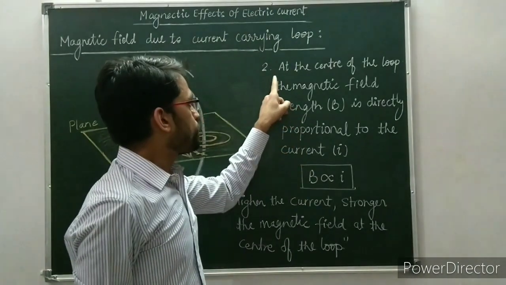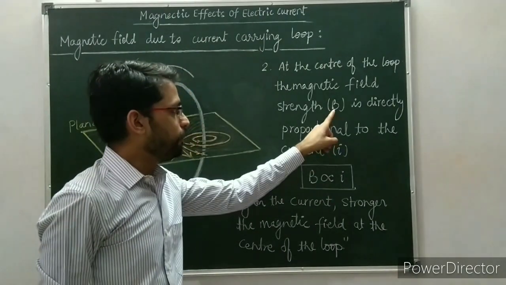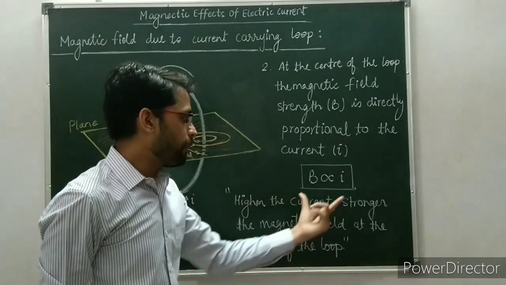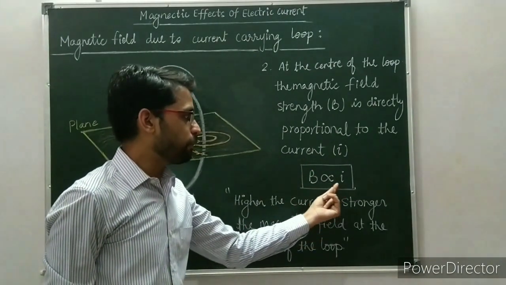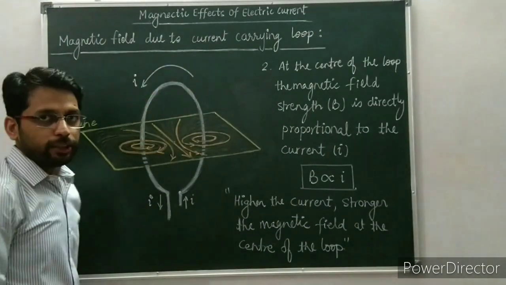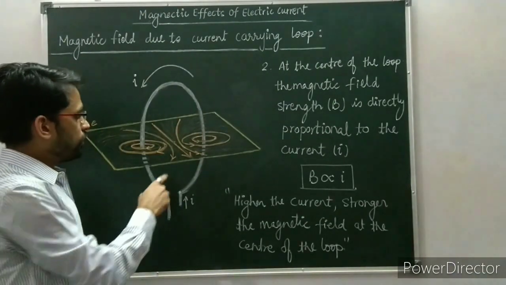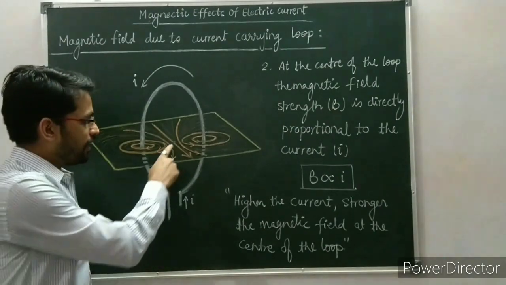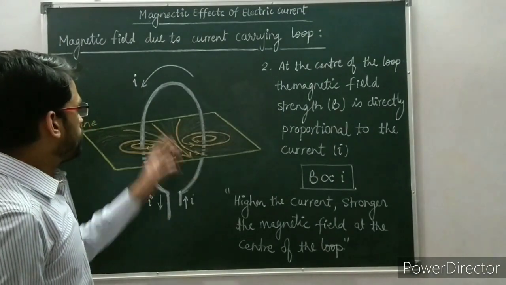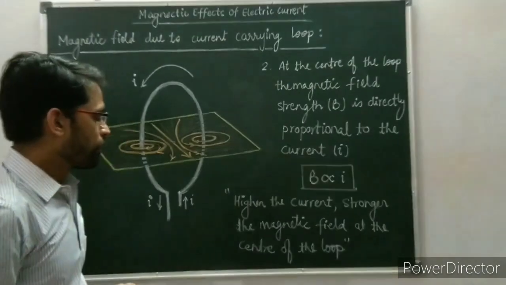The second point is, at the center of the loop, the magnetic field strength B is directly proportional to the current I. Mathematically we can write B is directly proportional to I. It means when we increase the magnitude of current in the loop, then the magnetic field strength at the center increases, and when we decrease the current, the magnetic field strength decreases.